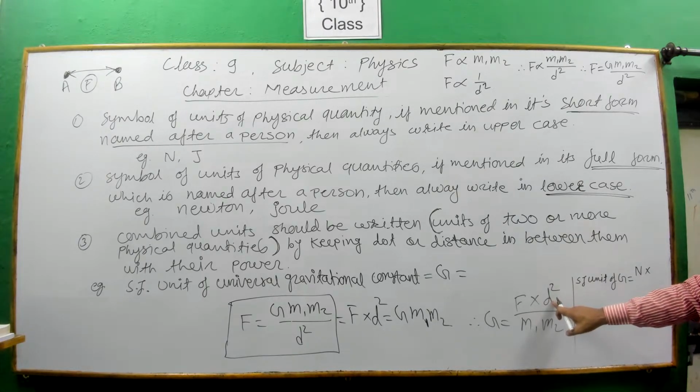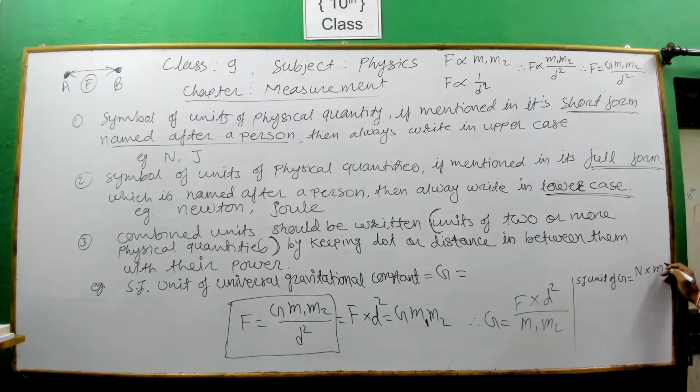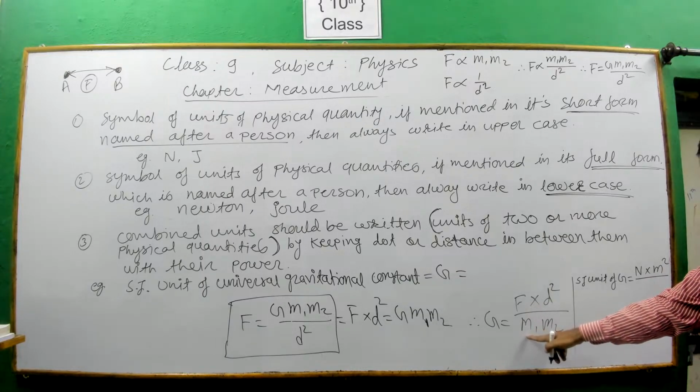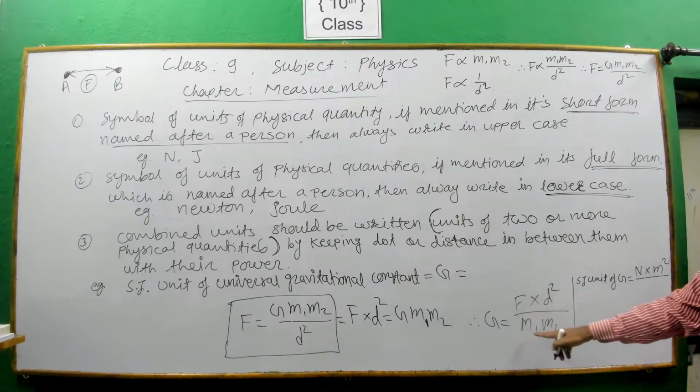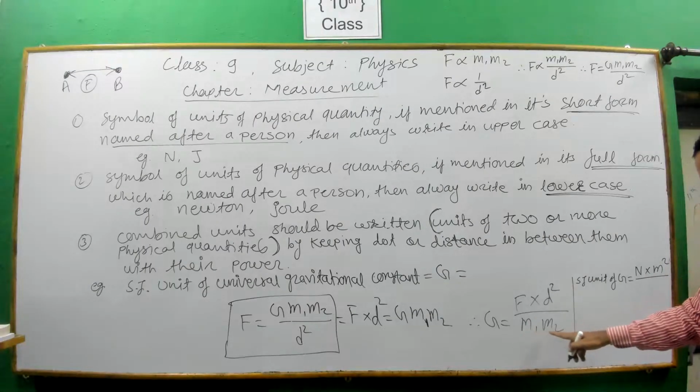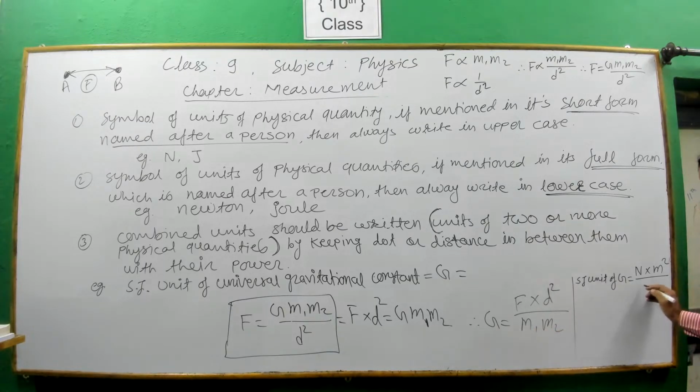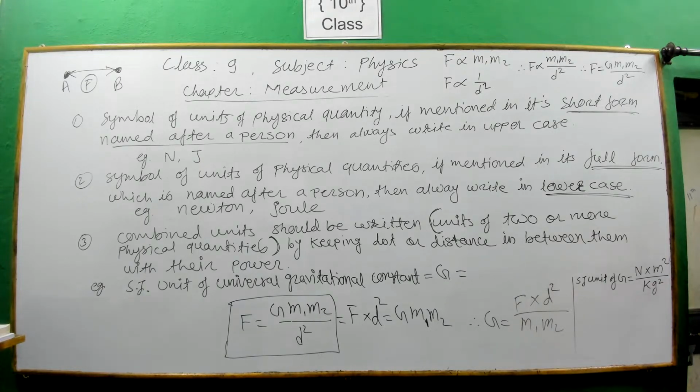Length का SI unit क्या है बच्चों? मीटर. लेकिन ये length का मतलब distance का square, मतलब मीटर का square, divided by mass into mass. SI unit of mass is kilogram. SI unit of this another mass is also the same, kilogram. Kilogram into kilogram, square. लेकिन बच्चों हमें कैसे लिखना है ये?